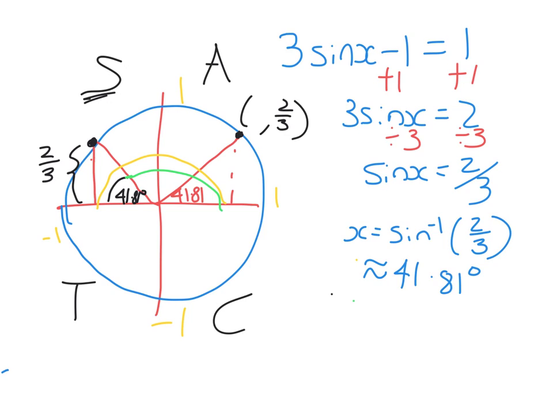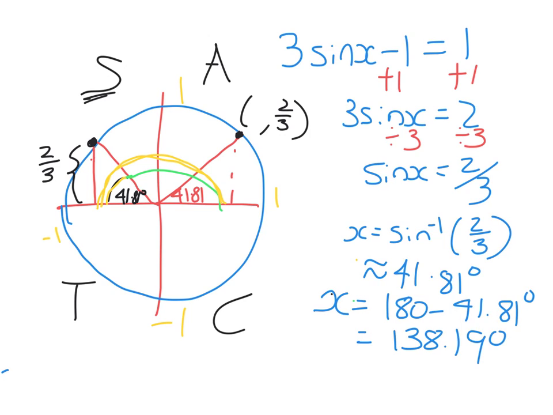So the green angle is the 180 degree angle minus the 41.81 degree angle. So my other solution is going to be 180 minus 41.81. And that gives me about 138.19 degrees. So these are my only two solutions between 0 and 360.